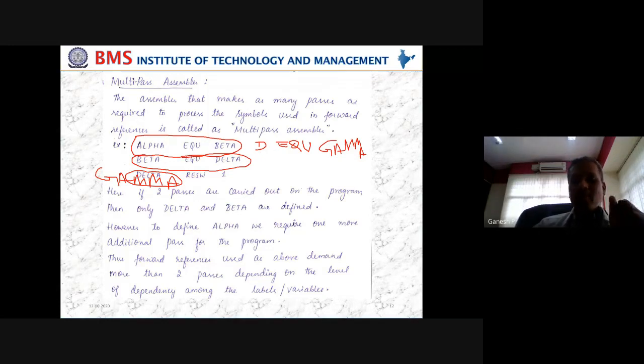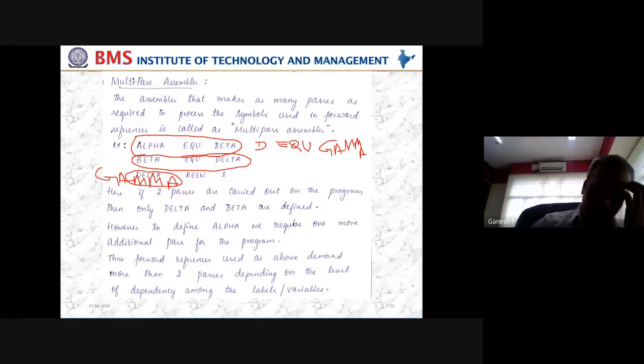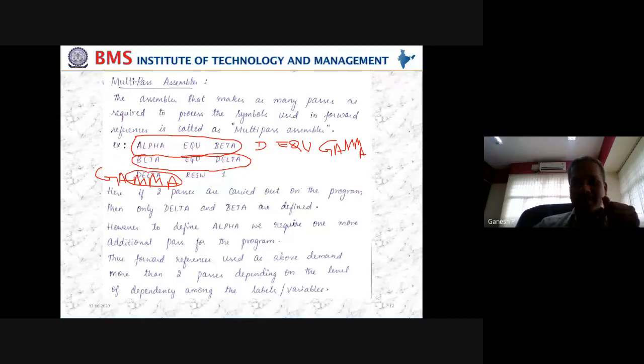Now assume I have given this program to a two-pass assembler. In the first pass, alpha equal to beta: it is waiting for the beta value, which is not available, so this line cannot be processed in pass 1. Beta equals delta is also not processed because the delta value is not known. Delta equals gamma also cannot be processed because the gamma value is not known.